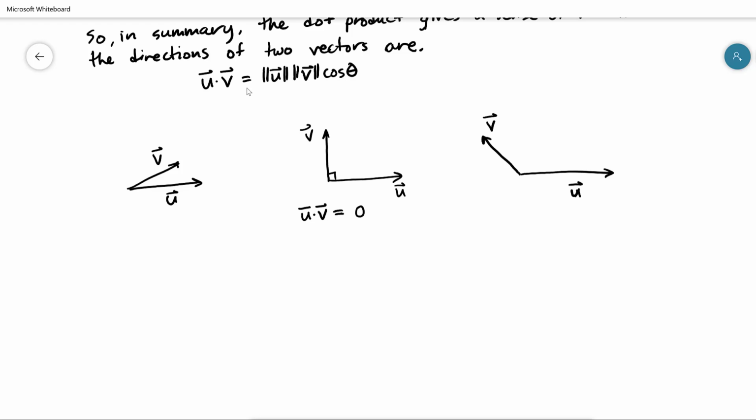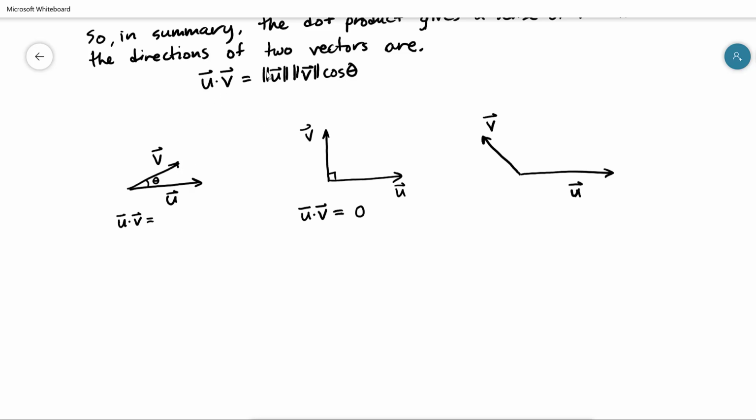What about over here in this one? Well, in this case, that angle theta right there is clearly an acute angle, less than 90 degrees. And so when I evaluate this formula, u dotted with v is going to involve these two numbers, whatever these lengths are. I don't really care.